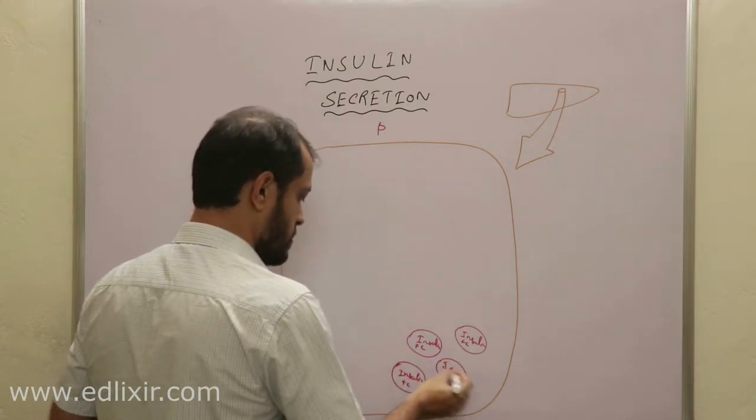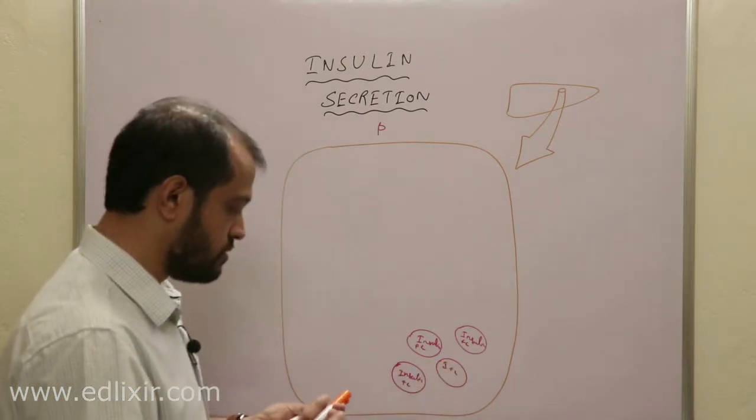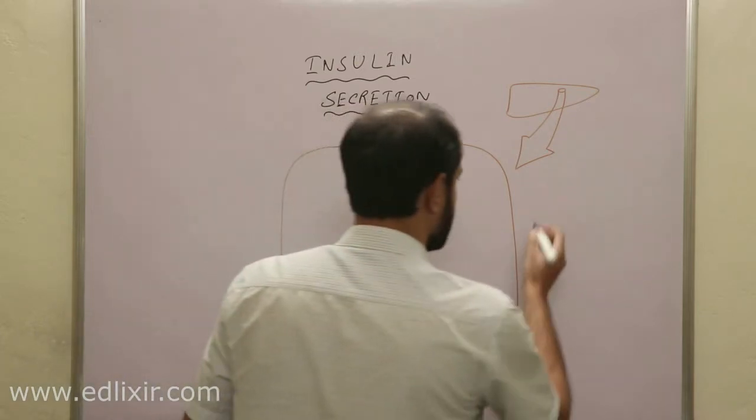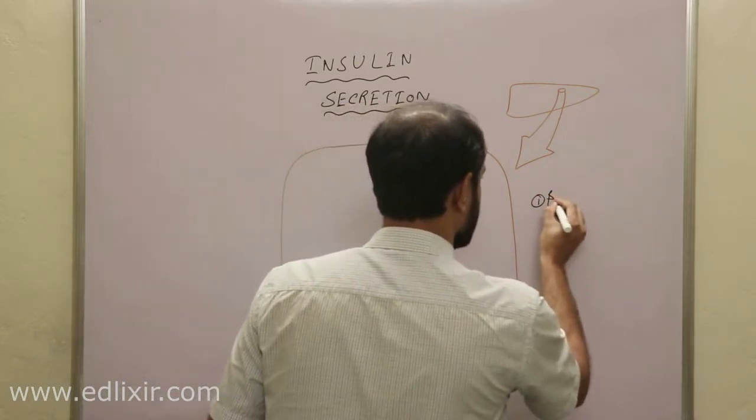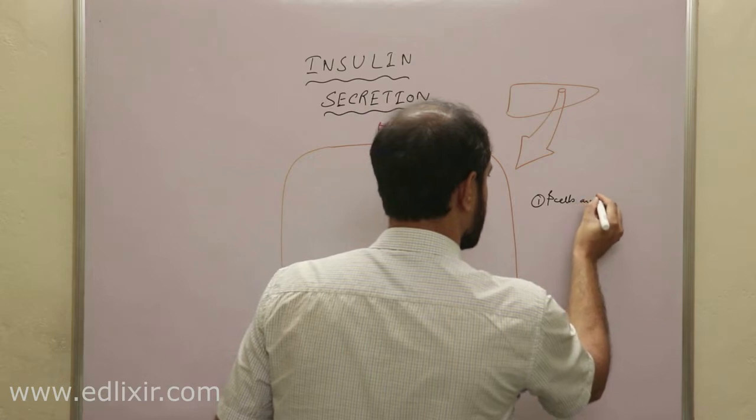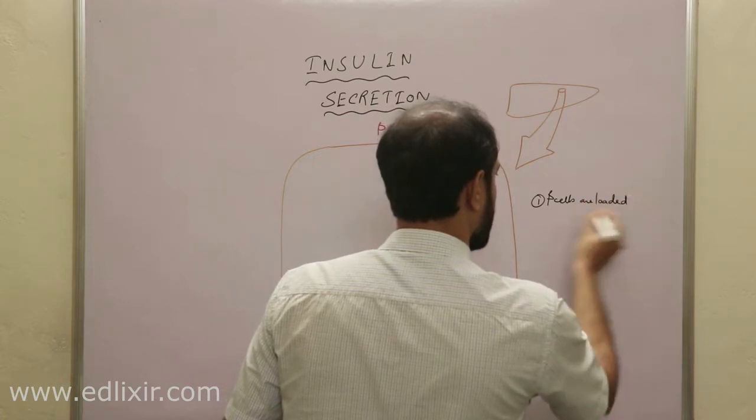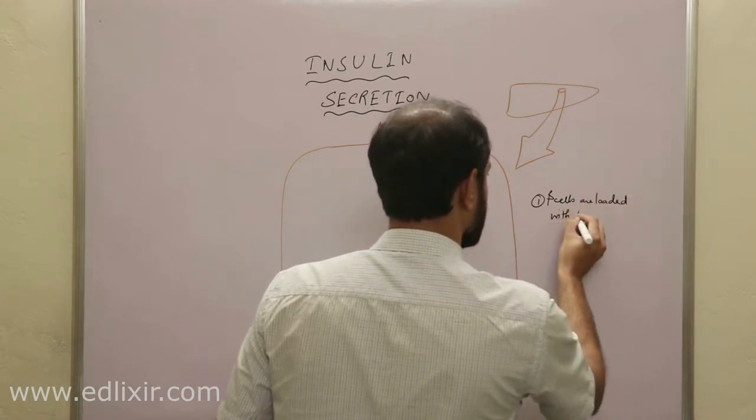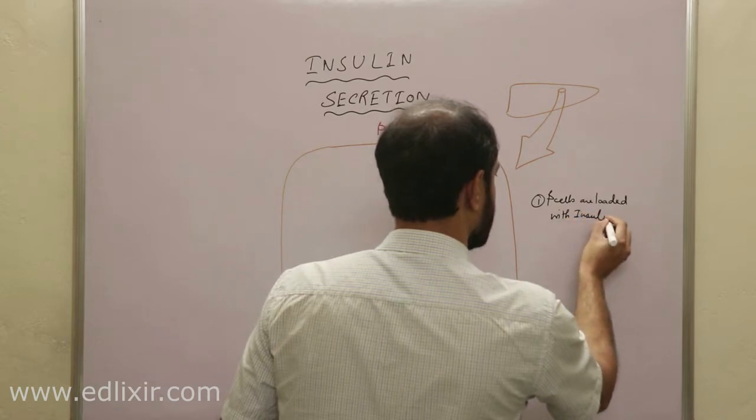This is the first point: beta cells are loaded with insulin. Clear? This is the first point.